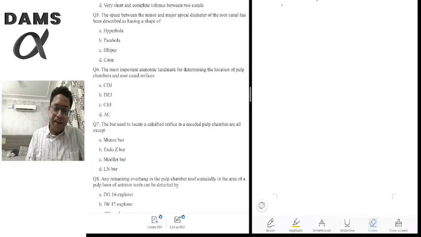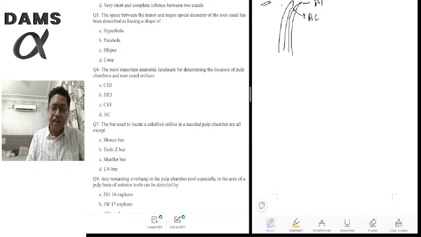This is the typical root canal anatomy, the anatomic view of the apical one third of the root. This is the apical constriction, and this is the apical foramen, and there is a fan-shaped space between them, between the minor and the major diameter.